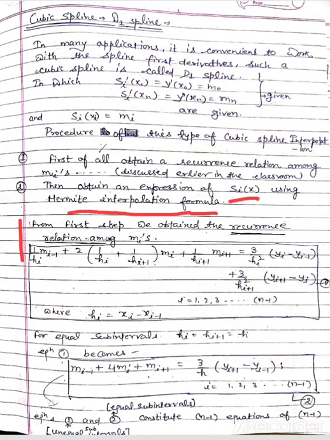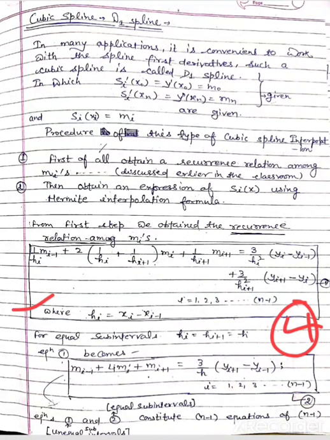First step, we obtain a recurrence relation among mi's. This step we have discussed in the classroom, and we obtain the relation given by equation 1, and this relation is for the intervals that are not equally spaced.